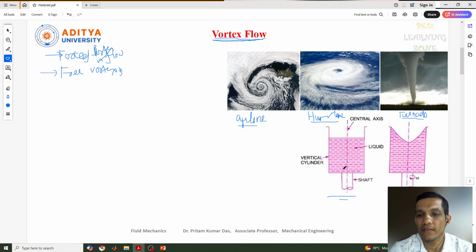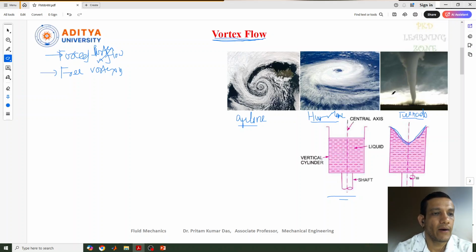When the shaft starts rotating, you can see a vortex is created in the water. Why is it created? Due to the rotation of the shaft in the liquid. So this is an example of forced vortex flow.